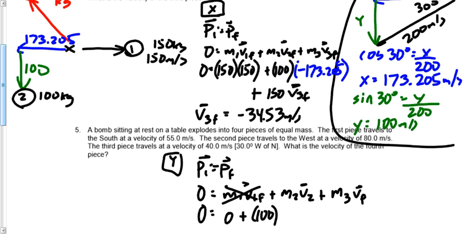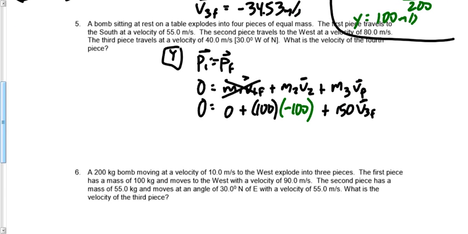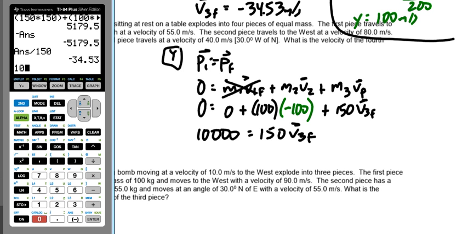Jason, how much of that original 200 is on the y-axis? 100, except we're going to make it negative because it's down. Parker? M3 is 150 times V3F. 100 times 100 is 10,000. It comes over to the other side by adding. And we're going to say 10,000 divided by 150 is 66.67.